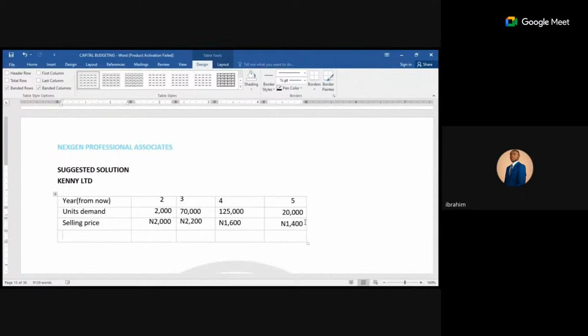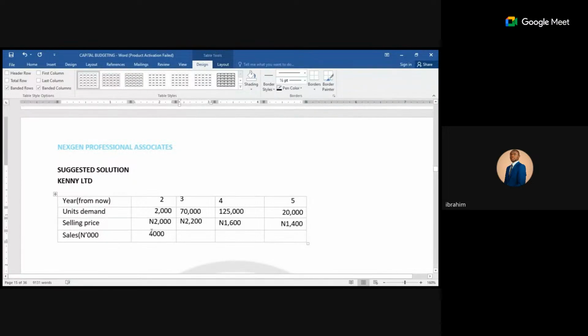If you multiply it, what do you have? 4 million. Okay, 4 million. So this will be 4,000.